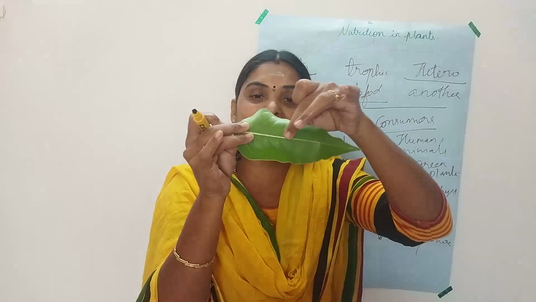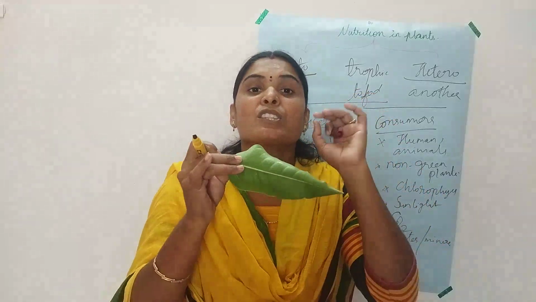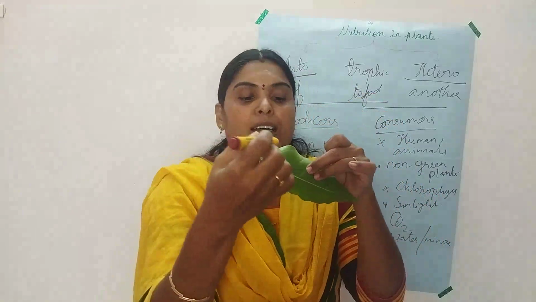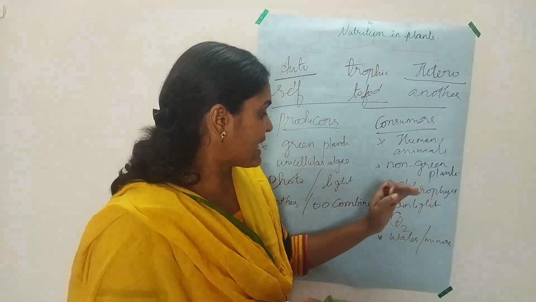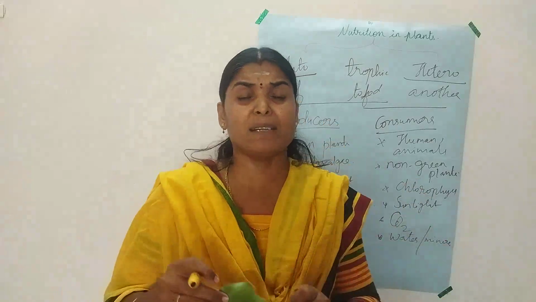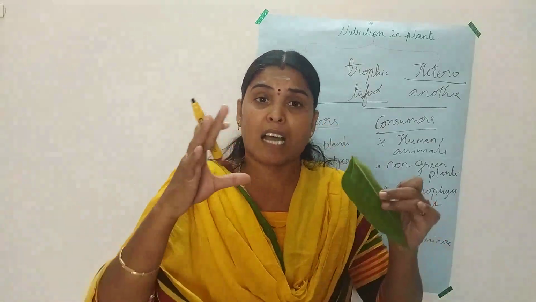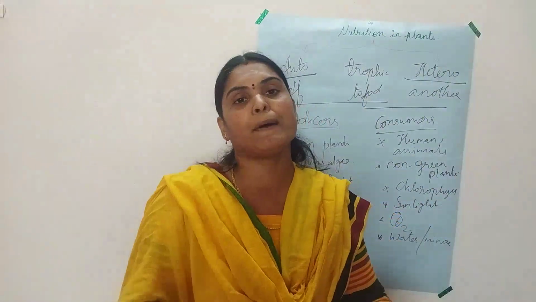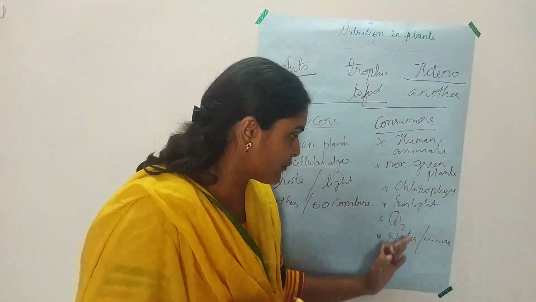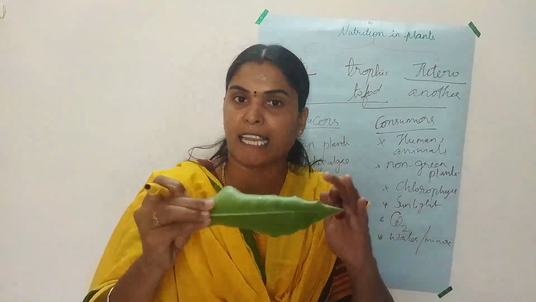On the underside of the leaves, we may see tiny pores called stomata through which CO2 enters and O2 is released. The next one is water and minerals. Water and minerals are absorbed from the roots and distributed to all parts of the plant. Without these 4 conditions, photosynthesis cannot happen.